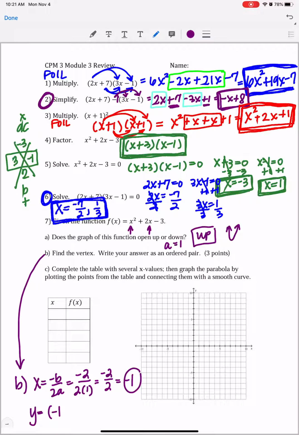So I've got -1 squared plus 2 times -1 minus 3. This is calculator work. You're putting that in just like that, and you should end up with -4. So write this as an ordered pair. It is always x, comma y. So my ordered pair here is -1, comma -4.